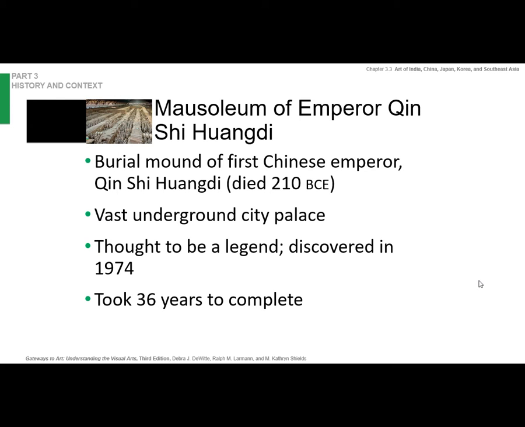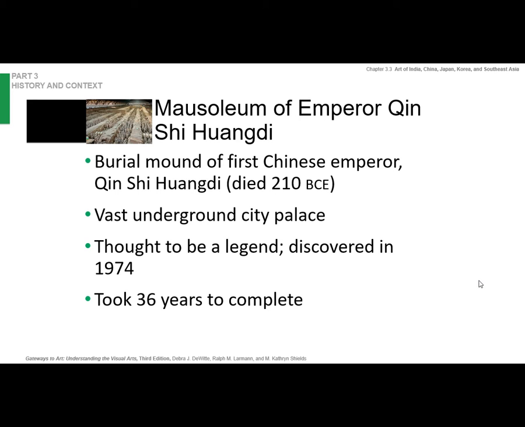So it's a burial mound of the first Chinese emperor. So it's like an underground palace, and we've seen other underground things, say the catacombs. The pyramids might make a good comparison to this.